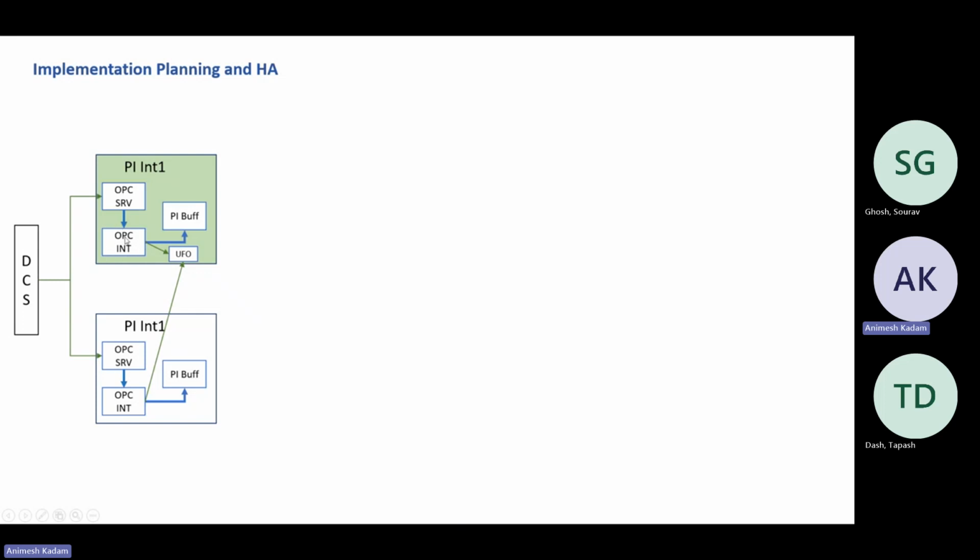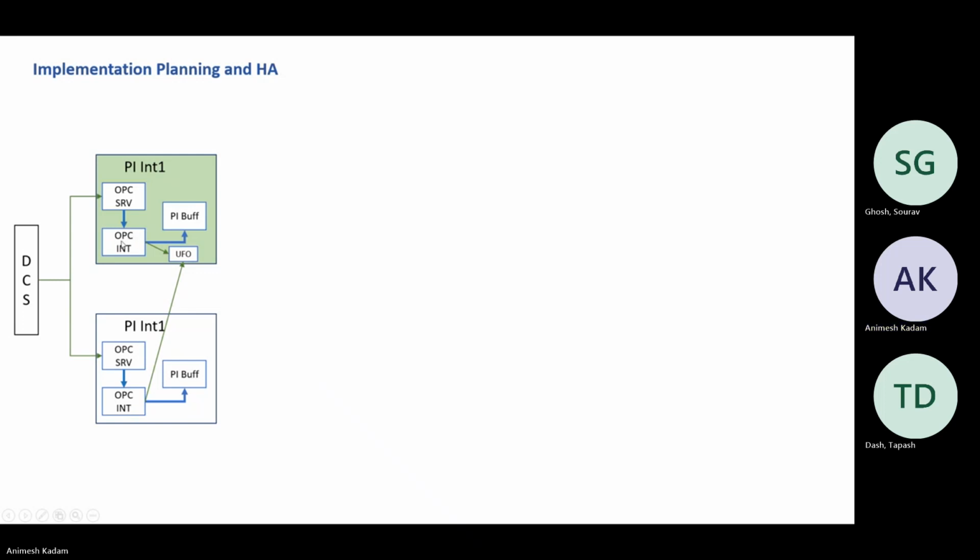Suppose the interface service gets interrupted. Then the other interface will get to know and will start collecting and sending data to the PI server.